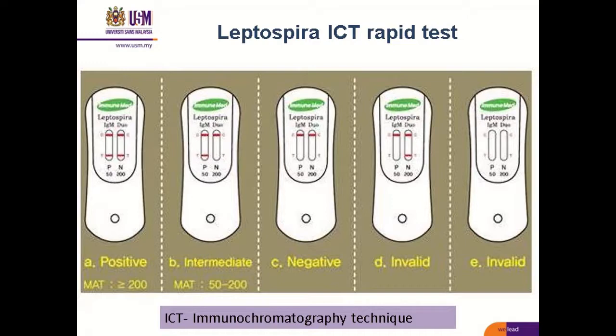For A, we can see that for titer 50, in all of A, B, C, the control is present, and the tests for 50 and 200 are present, so we can say that the antibody titer is more than 200. For B, the test for 50 is present, but for 200 it is not present, so the antibody titer is between 50 and 100. And for C, you can see the test lines at 50 and 200 are both not present, so it is negative.